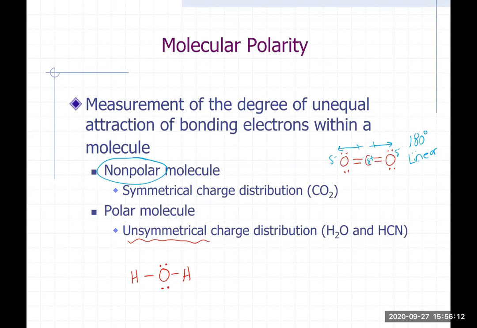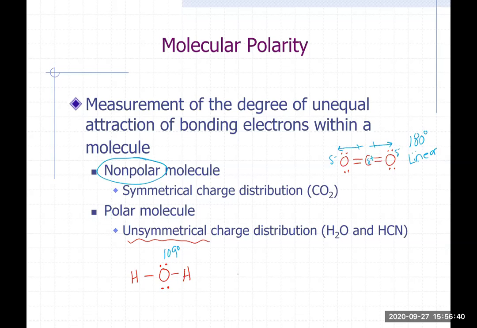And this structure has 1, 2, 3, 4 electron groups surrounding it. With 4 electron groups surrounding it, the bond angles are 109 degrees. If the bond angles are 109 degrees, that's not 180. This structure cannot possibly be linear.